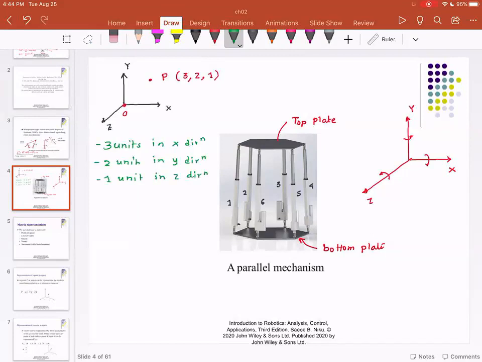So if I draw a vector which is O to P, I'm starting from O going towards P.